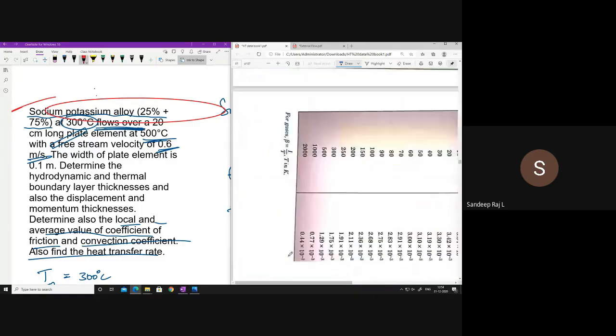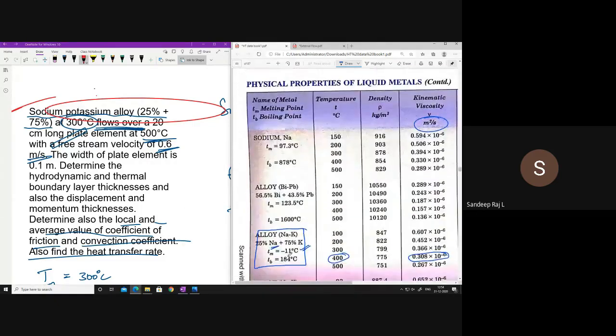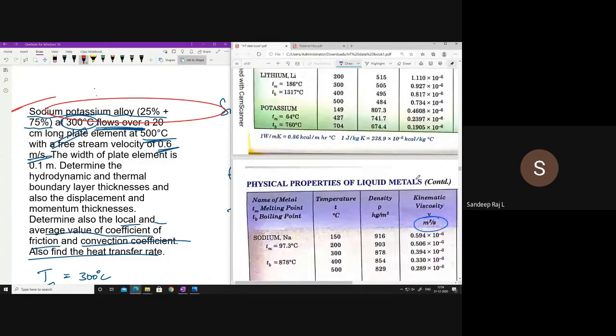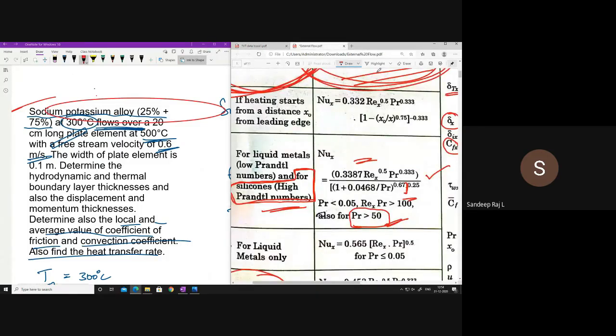So for liquid metal, what is the formula given here on the top? You can see the low Prandtl number values.